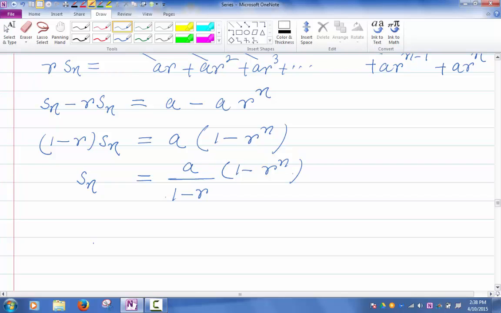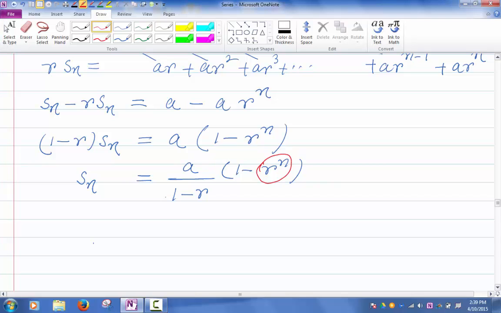Now we are going to look at the limit of Sn as n goes to infinity. Now, remember r is not 1, right? That's why I could divide by 1 minus r. Otherwise it doesn't make sense. Now, do we understand the sequence r to the n very well? Remember, the last thing that we did in sequences was we talked about the sequence r to the n.